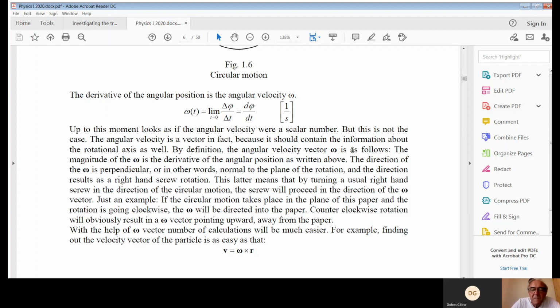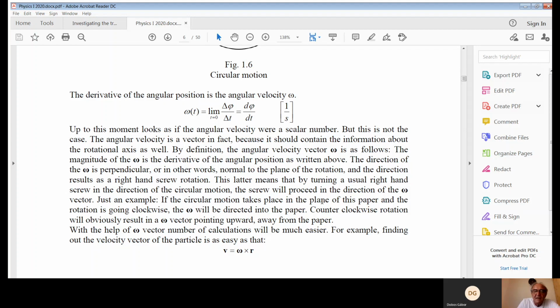So ultimately, the definition is that the omega vector's magnitude is the speed, how fast it is spinning, as it is written here, and the direction is defined by the plane of the rotation, taking the rotation direction and the right-hand screw, where the right-hand screw travels, that is the direction of the omega vector.